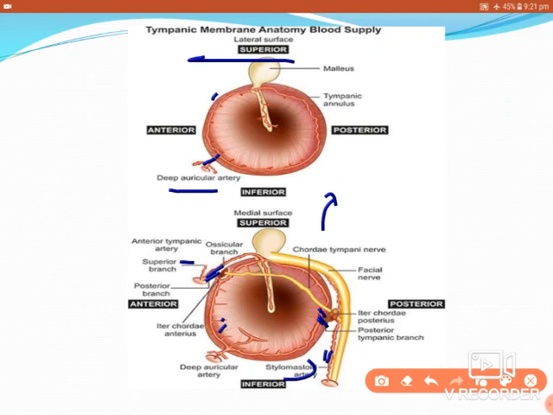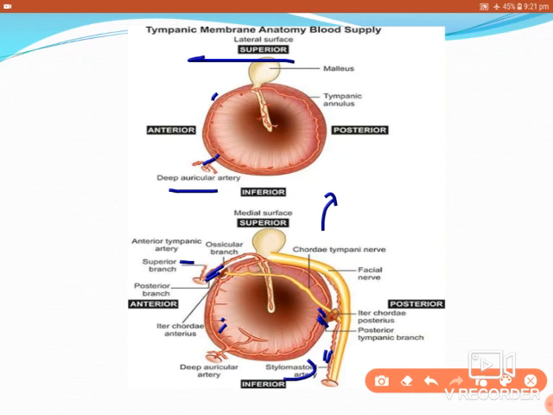Venous drainage from the inner surface is toward the transverse sinus of the cranial cavity, and from the outer surface to the external jugular vein. Then the nerve supply: the tympanic membrane is very pain sensitive.